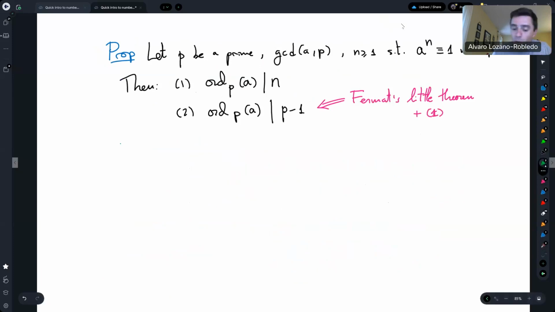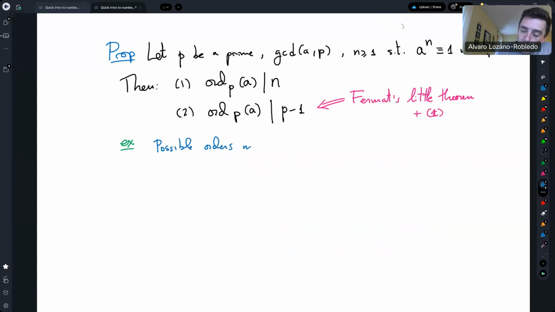So for example, what we've seen before is that the possible orders modulo 7 were 1, 2, 3, or 6, and they are all divisors of 6, which is 7 minus 1.